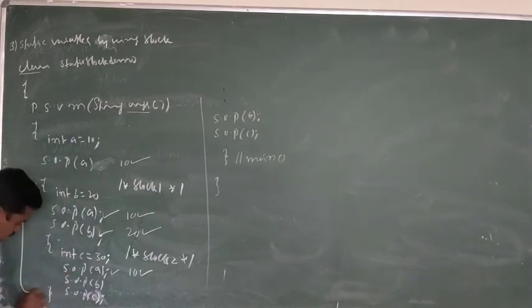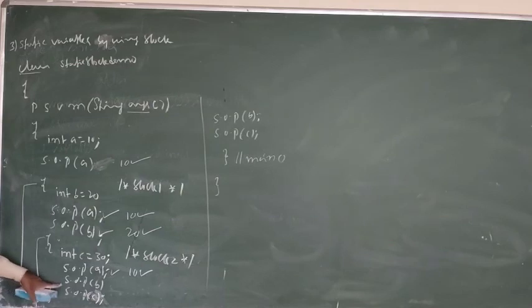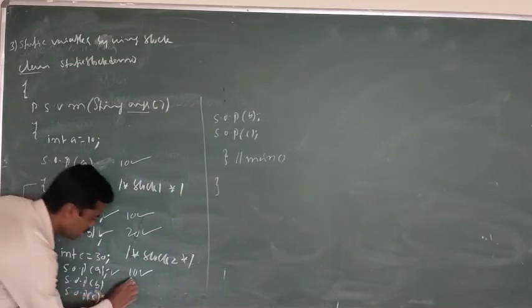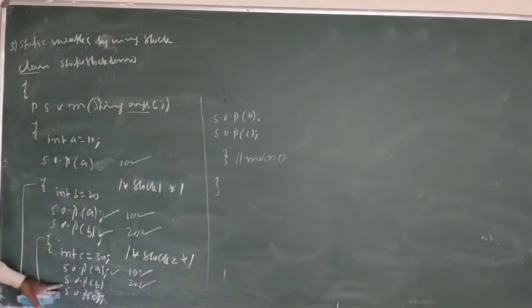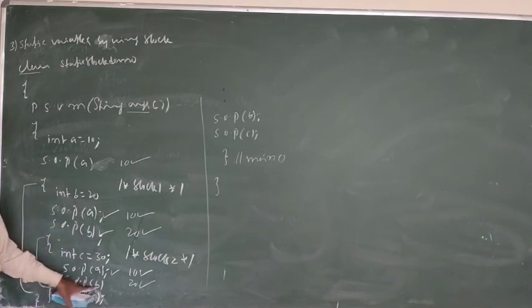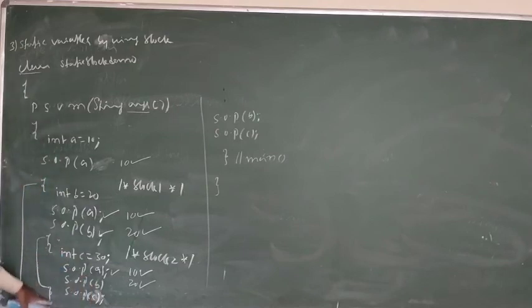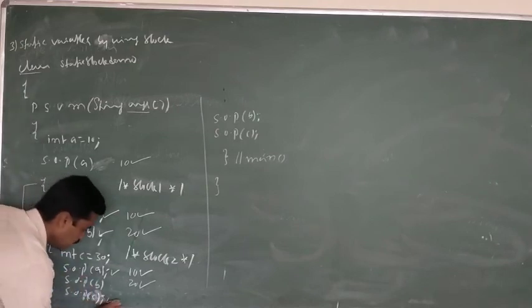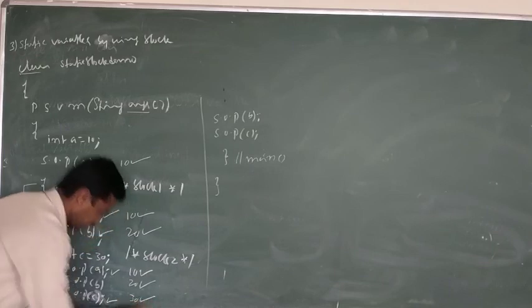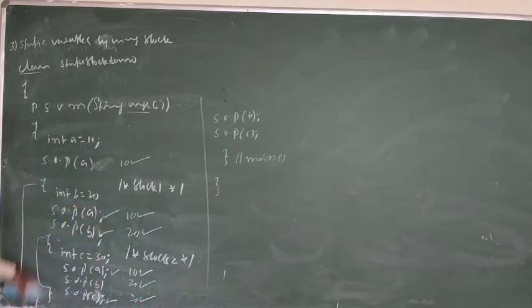This is block 1 and this is block 2, and it is also accessible. So b, 20, will be accessible because block 2 is inside block 1. Then c will be accessible because c is inside the block, that is 30. Fine. Now end of block 2, end of block 1.